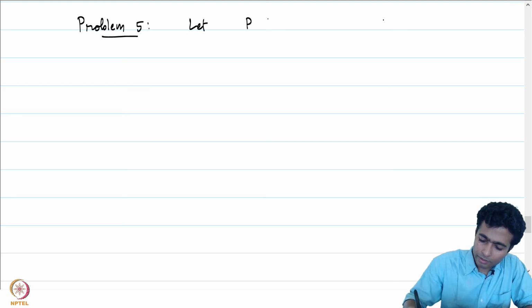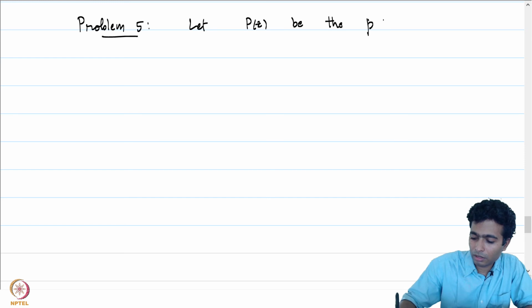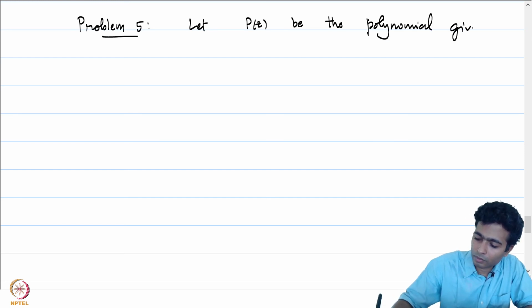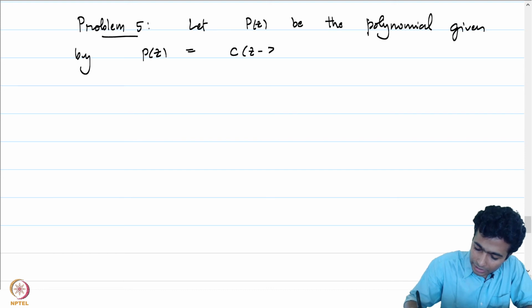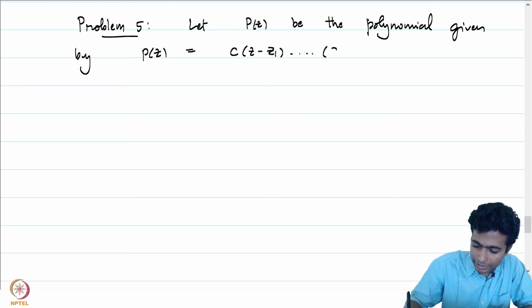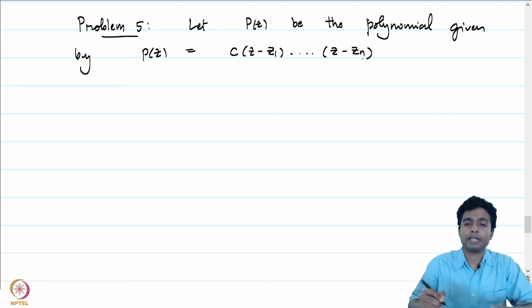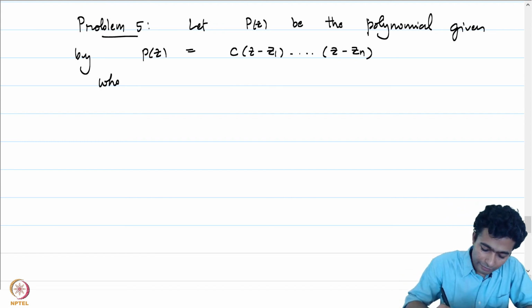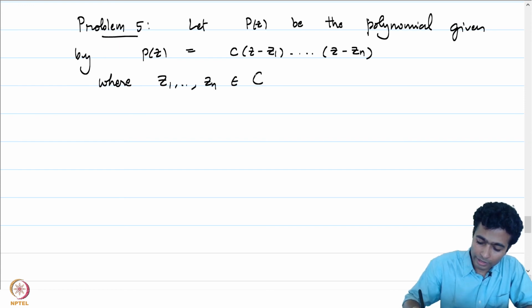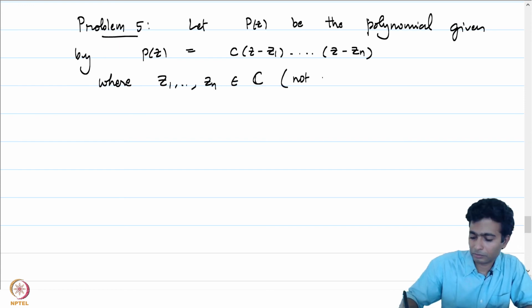Let P(z) be the polynomial given by P(z) = c times (z - z1) up to (z - zn). So z1 to zn are roots of the polynomial P, where z1 to zn are complex numbers, not necessarily distinct.